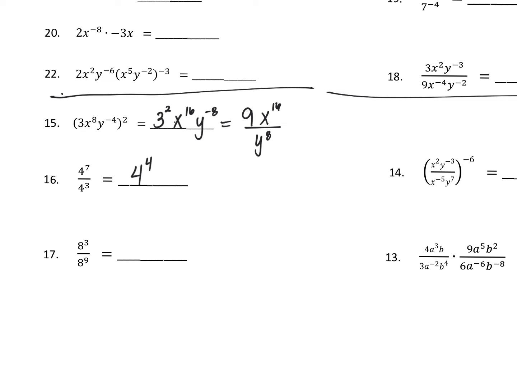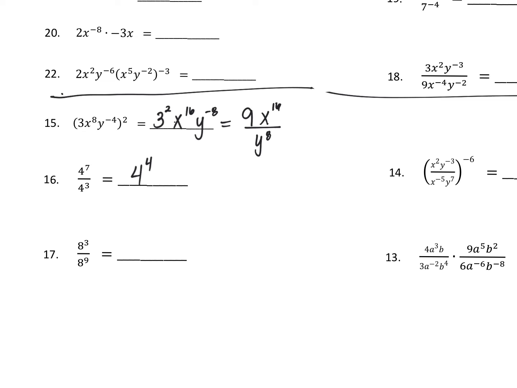The only time the bases do change, though, is if the two numbers are different. If the bases are not the same, you cannot combine them. Like if you have 2 squared times 3 squared, you can't put them together if the bases aren't the same.